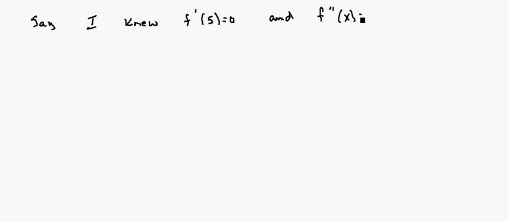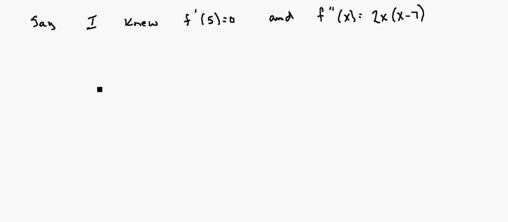Let's say I knew that f prime of 5 was equal to 0 and f double prime of x was equal to, I don't know, say 2x times x minus 7.